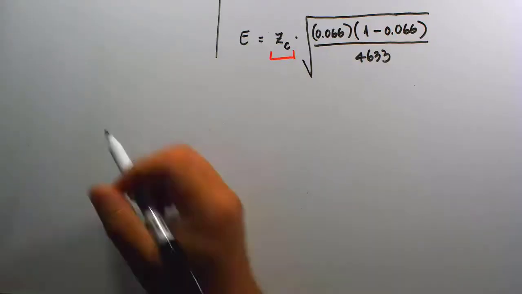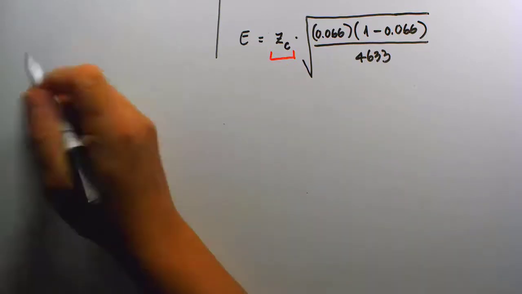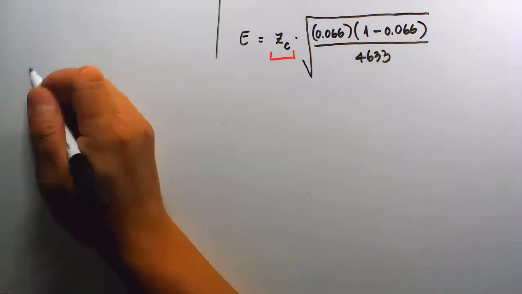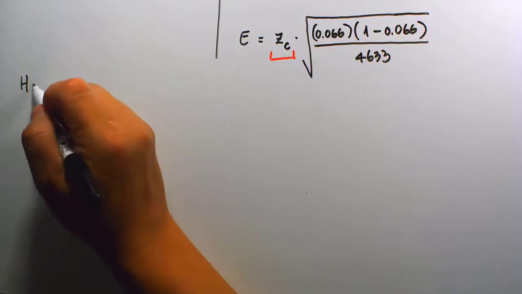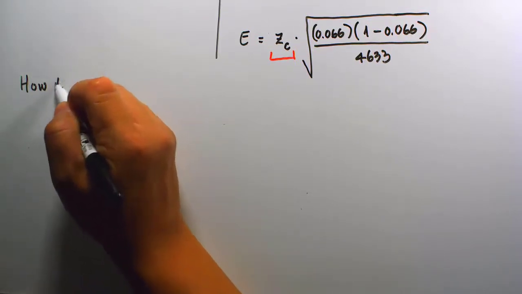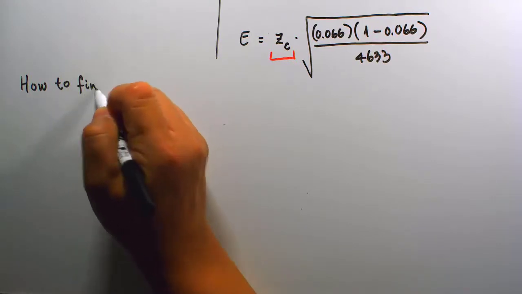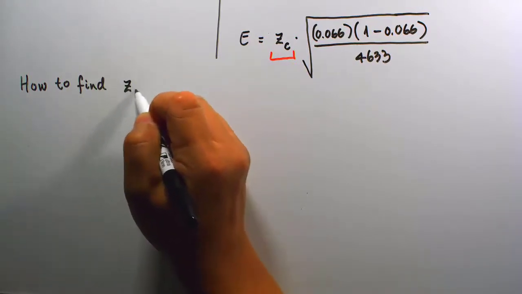All right, so let me now introduce how to find z sub c as a crucial part of our margin of error formula. So how to find the z sub c value.